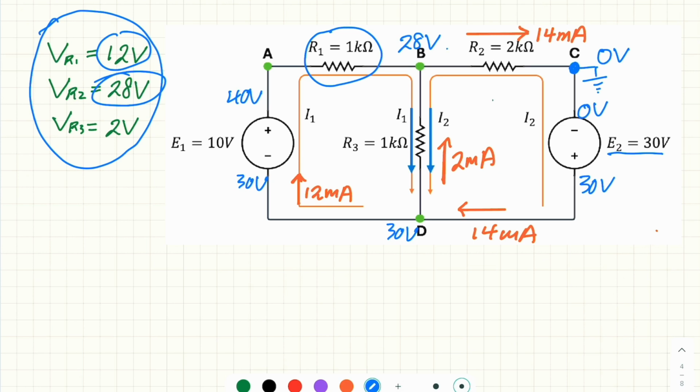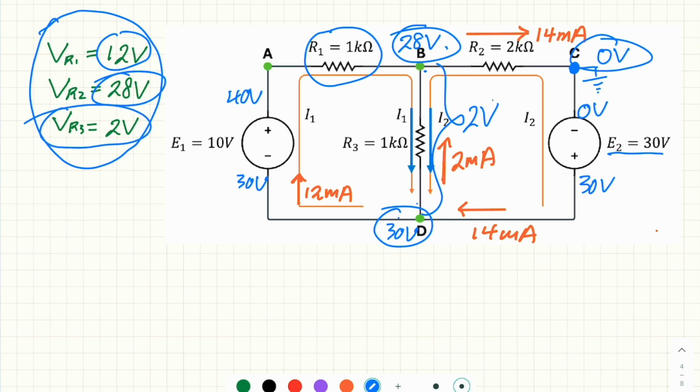So this is 28, this is 0. So these two numbers are consistent. And also the potential at D is 30 volt. From D to B, this is 2 volt. This is exactly the potential difference across R3.